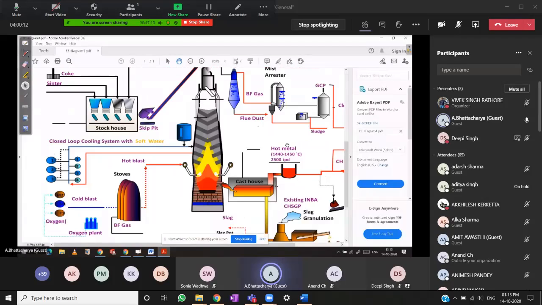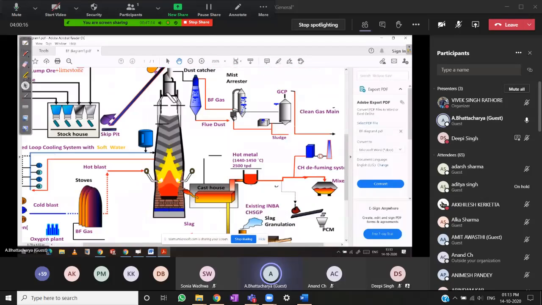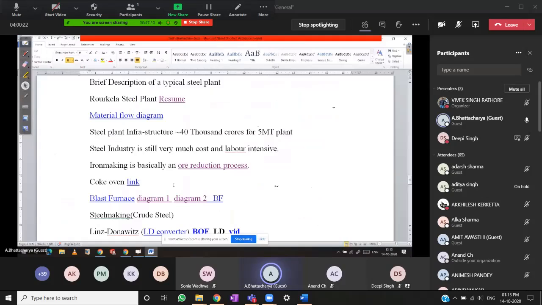So this is the logistics of the steel plant, blast furnace area. Now, one important thing is the coke oven, where coke is made. You all know what coke is. Coke is the heating of coal where air remains absent. There is no air.